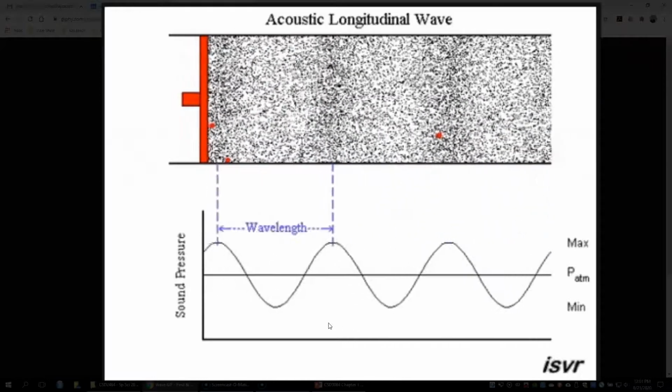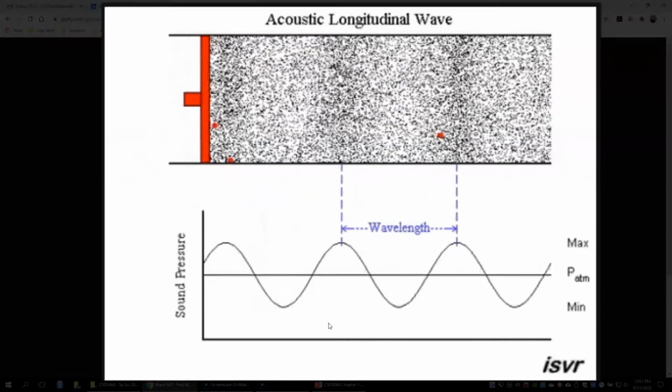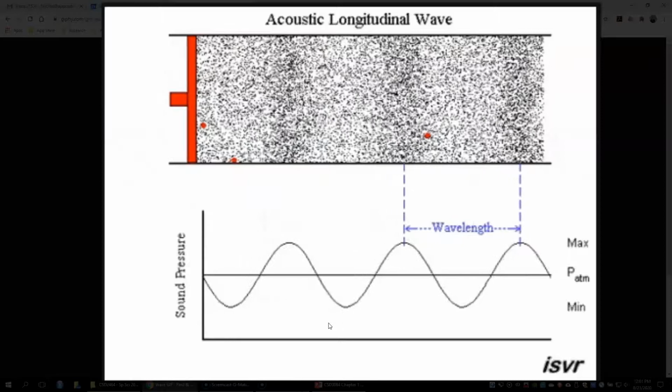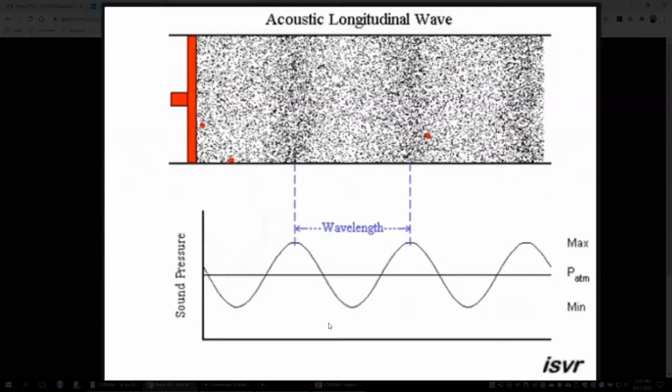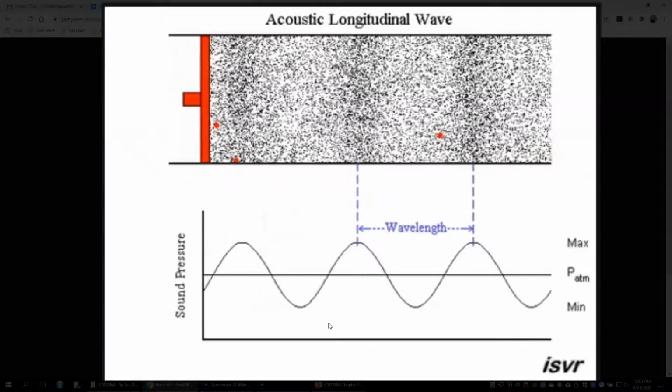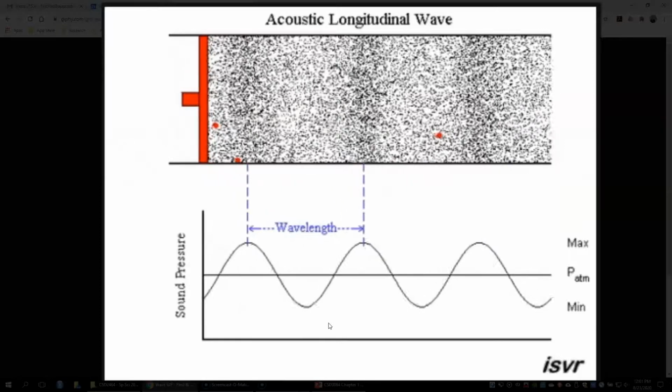Now we also have a few individual red dots up there. Those are specific individual air molecules so that you can see the behavior of the individual air molecules versus the wave. The molecules themselves are just vibrating back and forth.